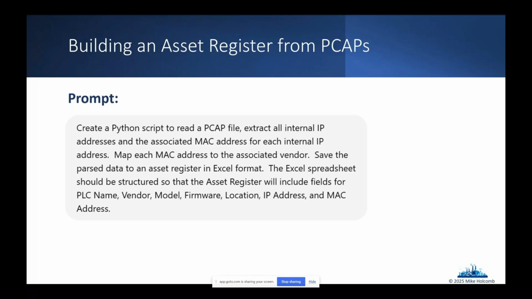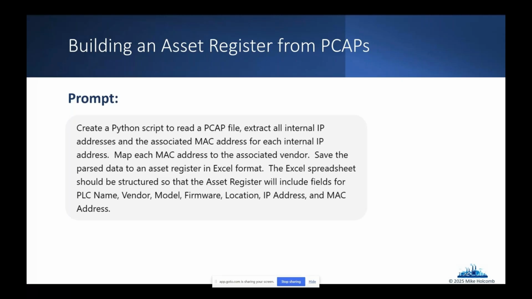And so I said, well, I'm going to see if we can create a simple script that would read a PCAP, a packet capture, take out all the IP addresses, and then take out the MAC addresses for each of those IP addresses. And with that MAC address, if you're not aware, the first half of the MAC address is assigned to a specific company or vendor.